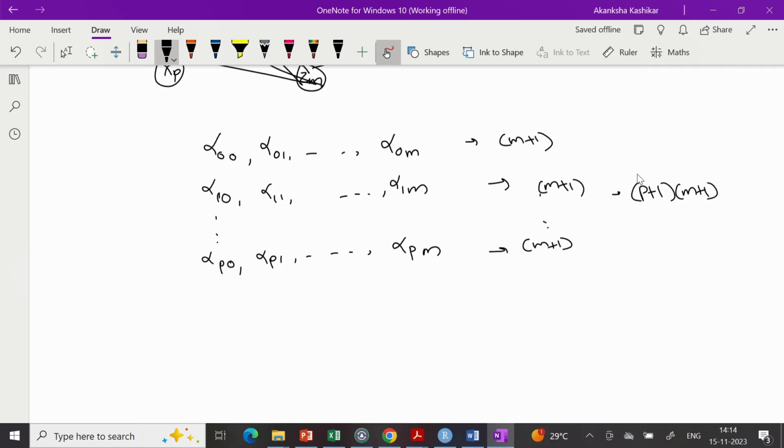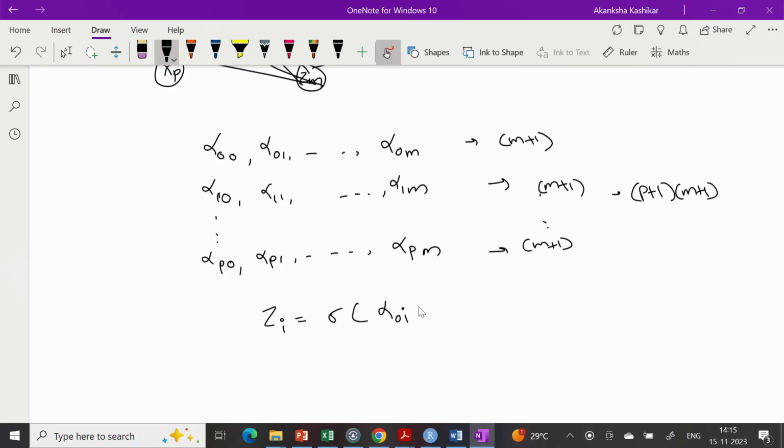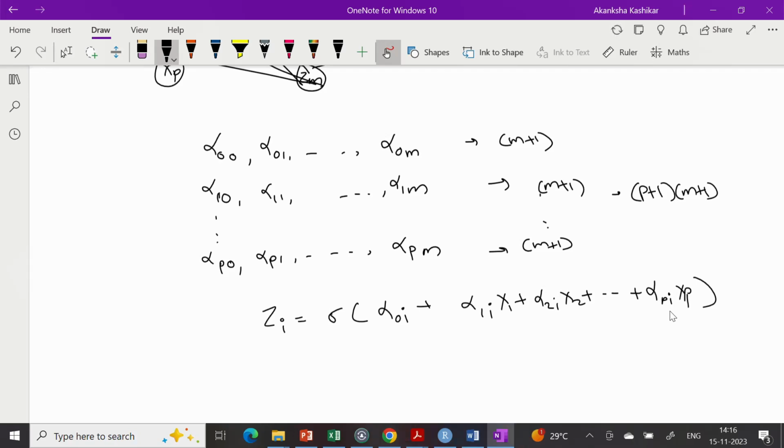And how are the Zi's constructed using these? Any particular Zi we will construct as sigma of alpha naught i plus alpha 1i x1 plus alpha 2i x2 plus alpha pi xp. This becomes Zi. So I'll have z1, z2, zm like this.